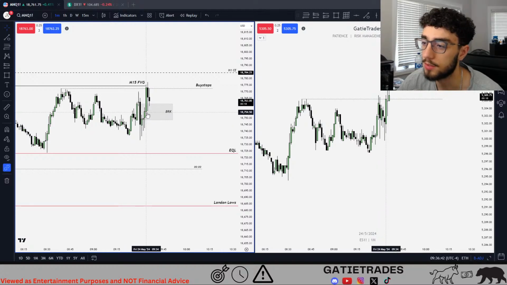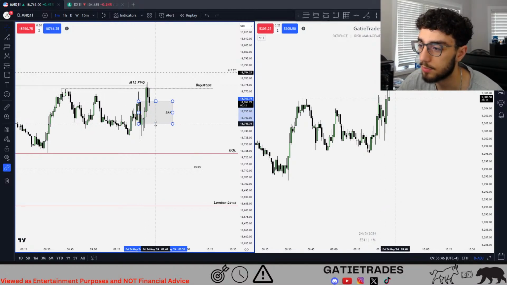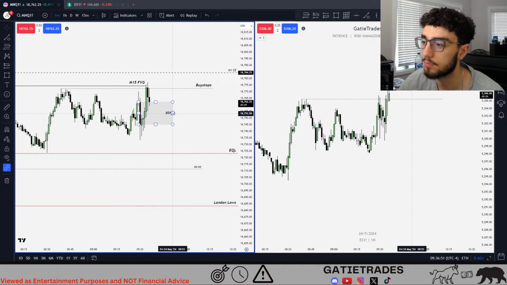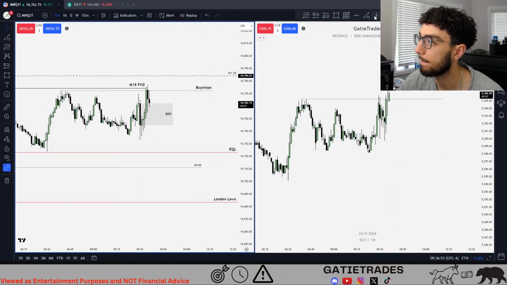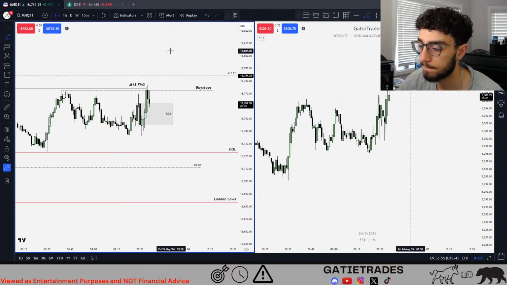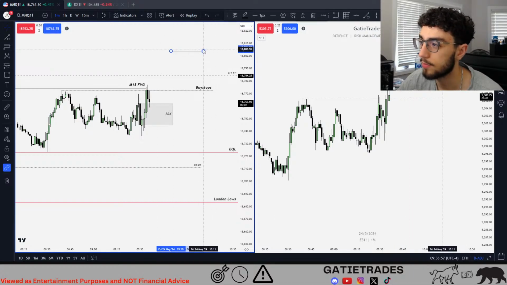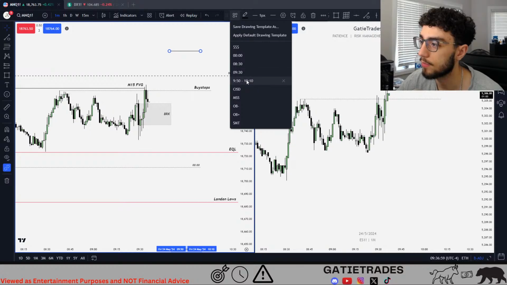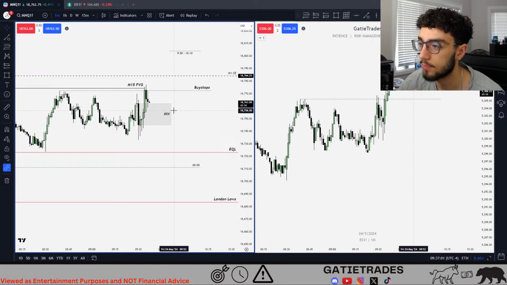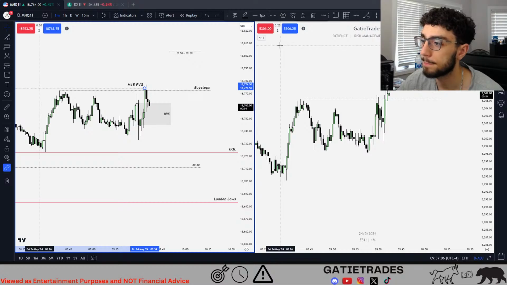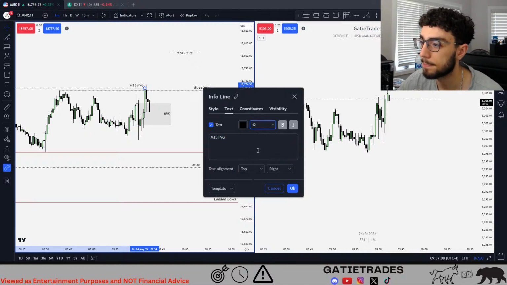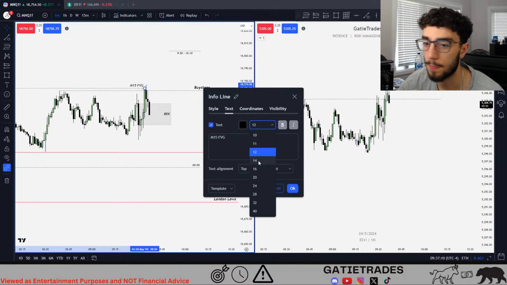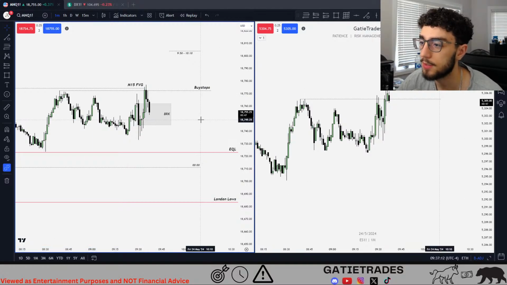Honestly, I don't know. Oh, isn't it the last bearish candle before the higher high? So it's this big body candle. Yeah. So let's see if it forms.